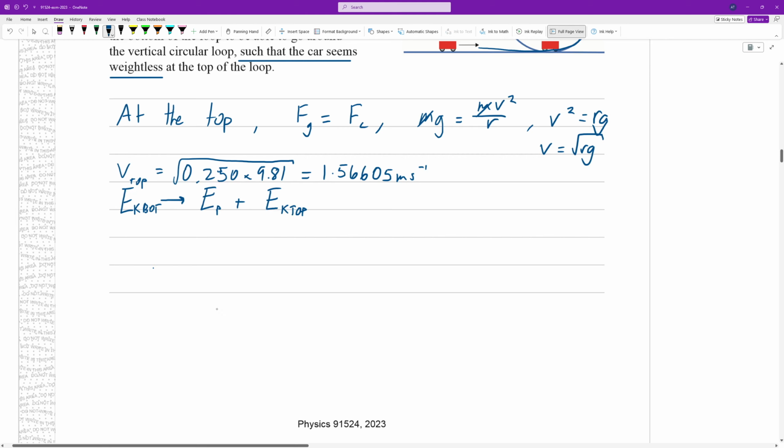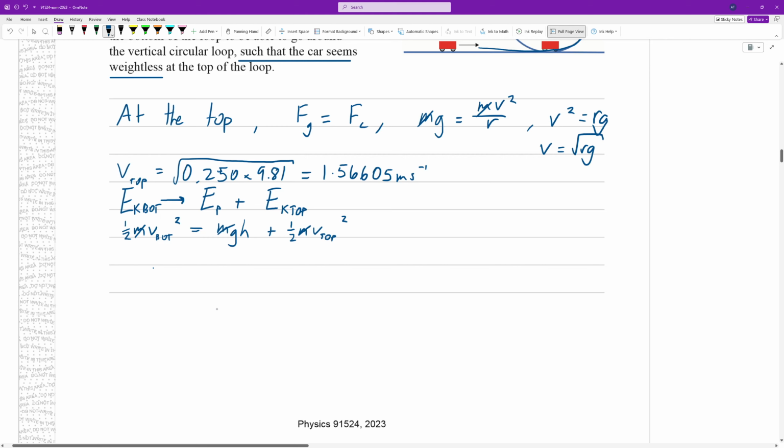So EK bottom is half times the mass times the bottom speed squared must be equal to the potential energy, mgh, plus the kinetic energy, half mv top squared. Okay, I notice there's a mass in every term, which is wonderful, so that cancels.